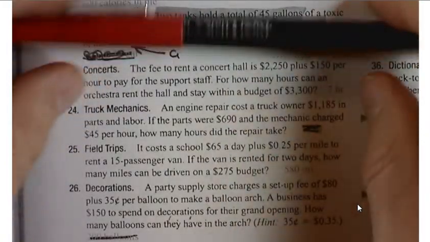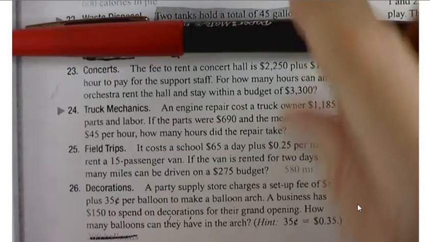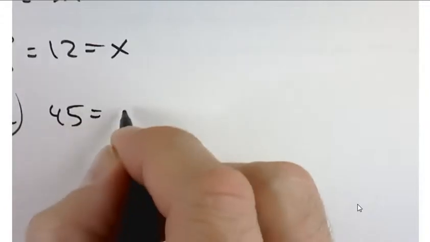Let's just stay here. 2 tanks hold a total of 45 gallons. X plus Y? Sure. My morning class did A plus B. X plus Y works just as well. So 45 equals X plus Y.